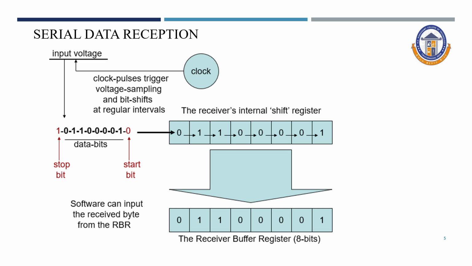At each clock pulse trigger, the voltage is sampled and a bit is shifted in at a regular interval. The 8 bits of data are transferred to the receiver internal shift register, which is immediately copied to the receiver buffer register. After receiving the 8 bits, 1 byte of data, this data is considered for further operation by the software. Software can input the received byte from the receiver buffer register.